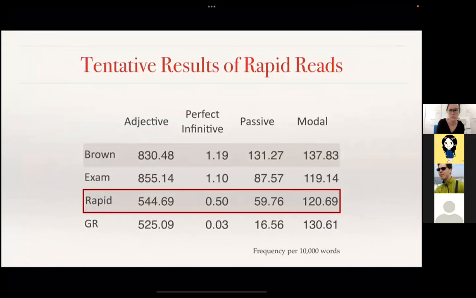It's just a tentative result, but the rapid reads corpus, very small in size, goes right in between graded reader and Brown corpus. So if students have the opportunity to read these books before going on to more specific, more difficult ones, it may help them develop their reading skill in a smoother way.